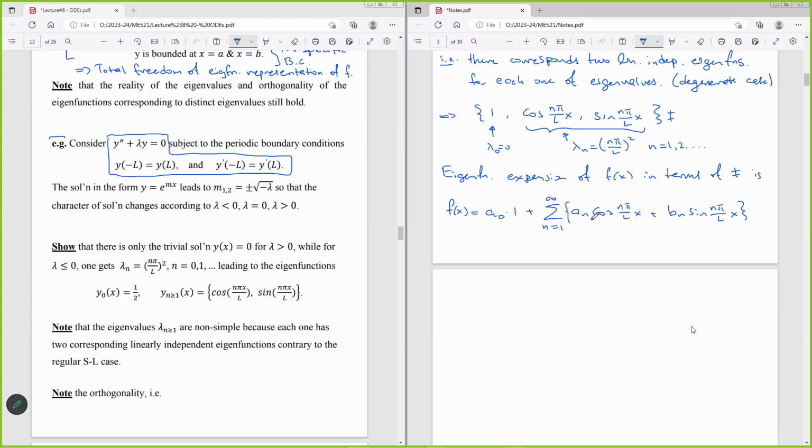Now, do you recognize this? This is the Fourier series expansion of f. So you see the Fourier series has been around longer than the Sturm-Liouville problem. Fourier derived these series without knowing this orthogonality idea, without knowing this Sturm-Liouville problem, and so on. Sturm-Liouville came later. But now we make a connection.